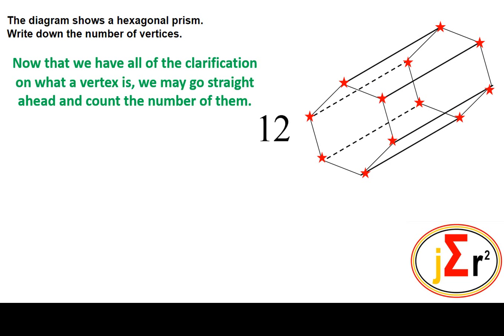So right there we have 12 vertices of the hexagonal prism. There are 12 of them.